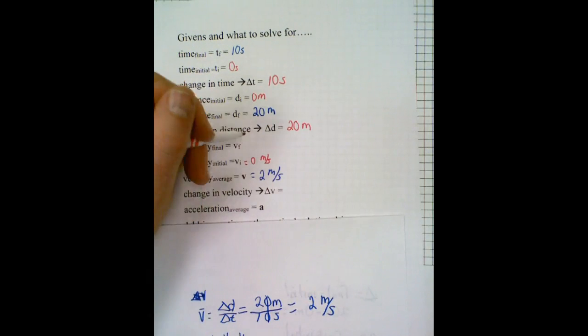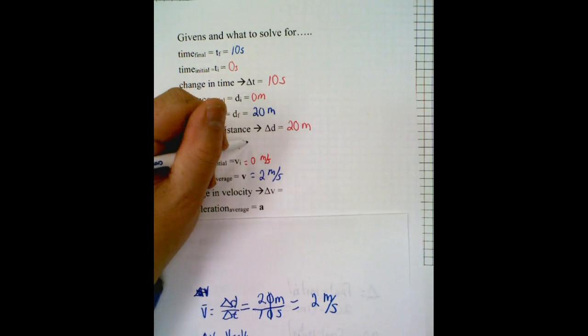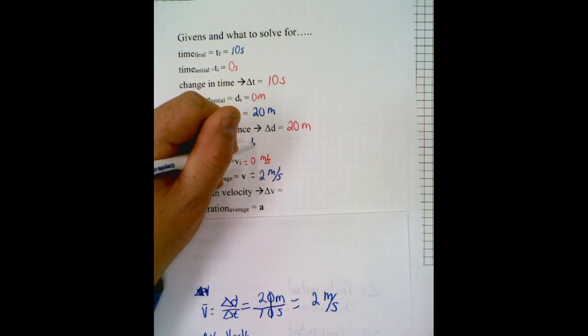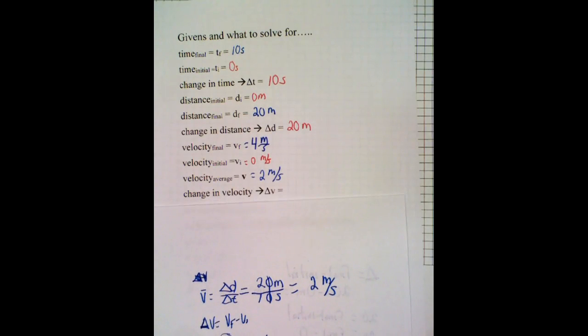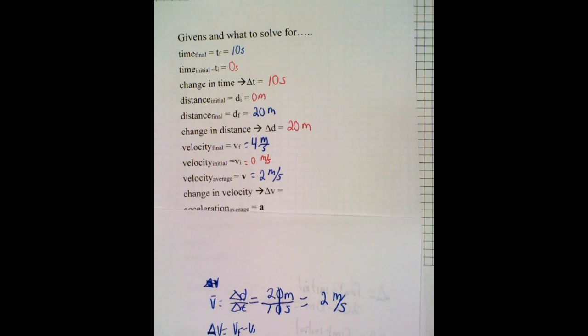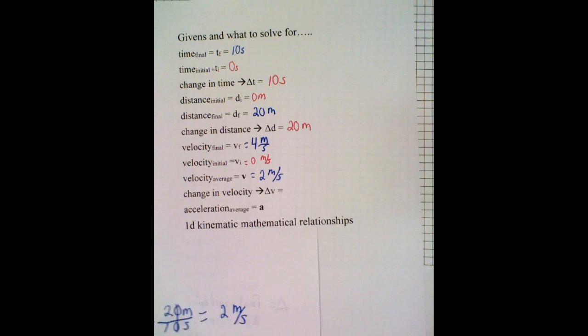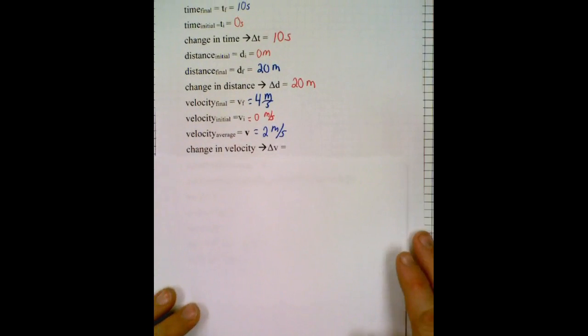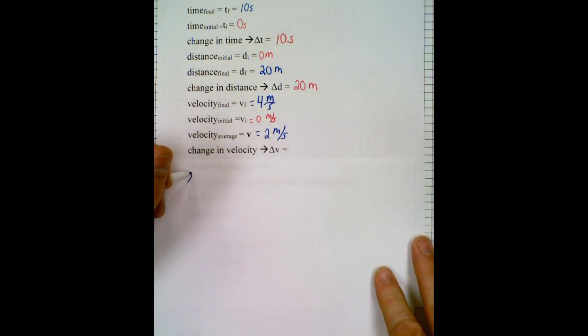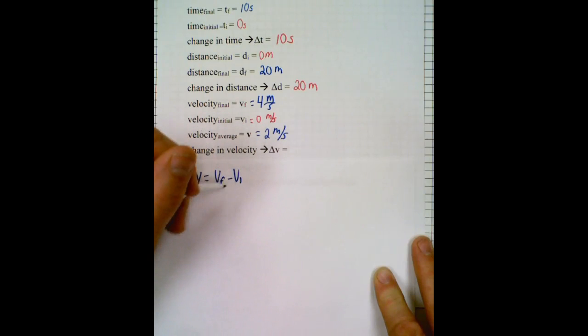Come over here. Oh, we were using blue for the computed, so 4 meters per second. Now, change in velocity. Can I figure that one out? Yeah, I should be able to. Doesn't sound like it should be that difficult of a math equation. Delta V equals VF minus VI.